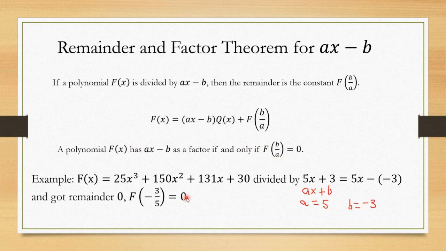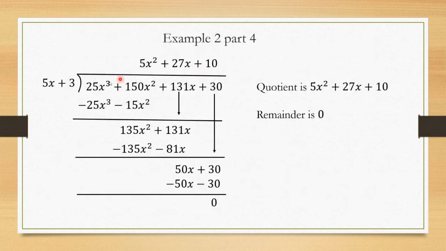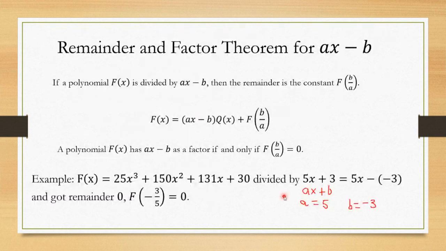And in fact, since we got a remainder from the previous example, let me be a little bit careful. You could use the theorem for ax plus b. The only difference, though, is that instead of plus, you have to replace this by minus.